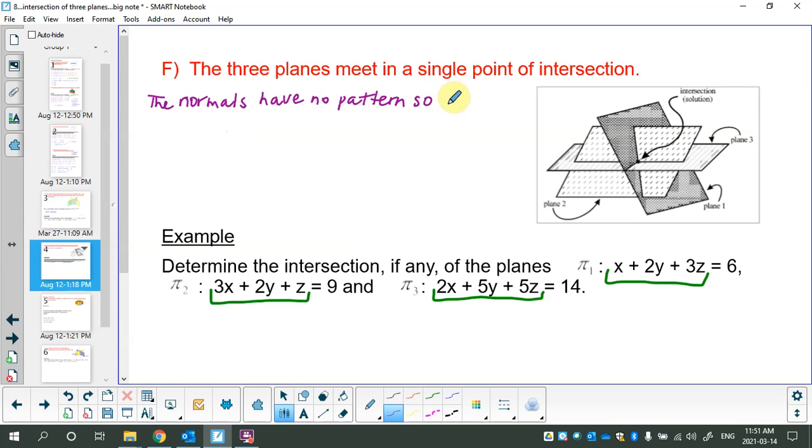So step 1 is calculating something that we've done before, the triple scalar product.